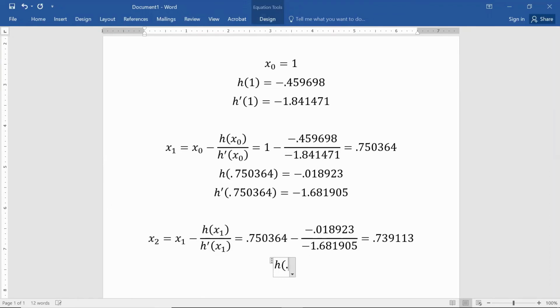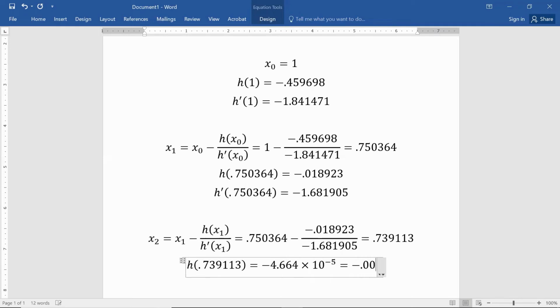I'm going to take h of 0.739113. I end up with a really small number, negative 4.664 times 10 to the negative 5th power.